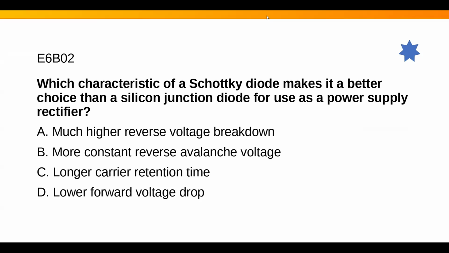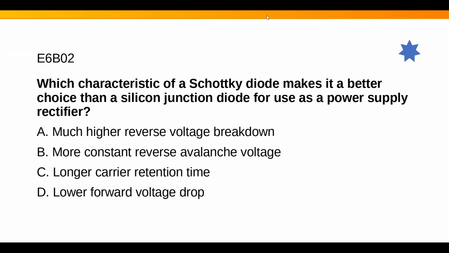Which of the following is a common use of a Schottky diode: as a mixer or detector at high frequency? When you do a balanced mixer out of diodes, you want as low a voltage drop across them as you can get.